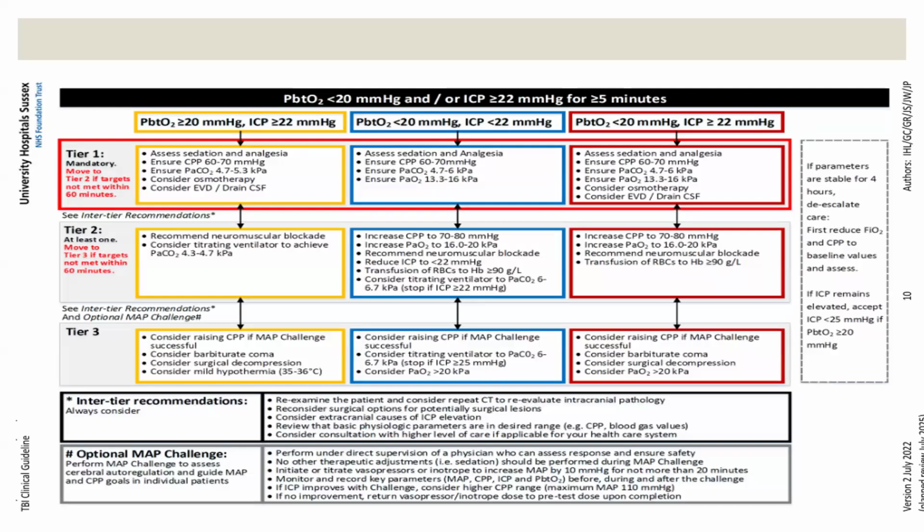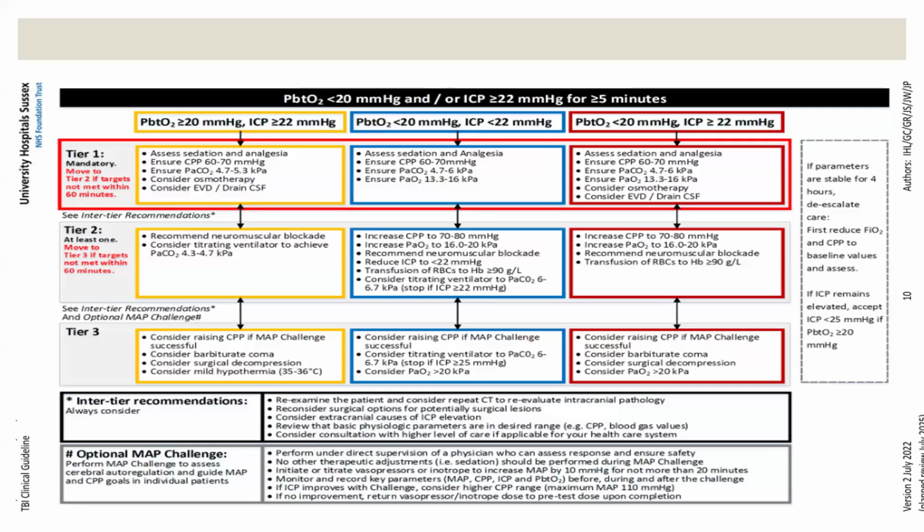Then tier 2 includes recommended neuromuscular blockade. Consider targeting ventilator to achieve PaCO2 between 32 to 35. Then tier 3 includes considering raising CPP if the MAP challenge is successful. Then consider barbiturate coma, surgical decompression, and mild hypothermia.